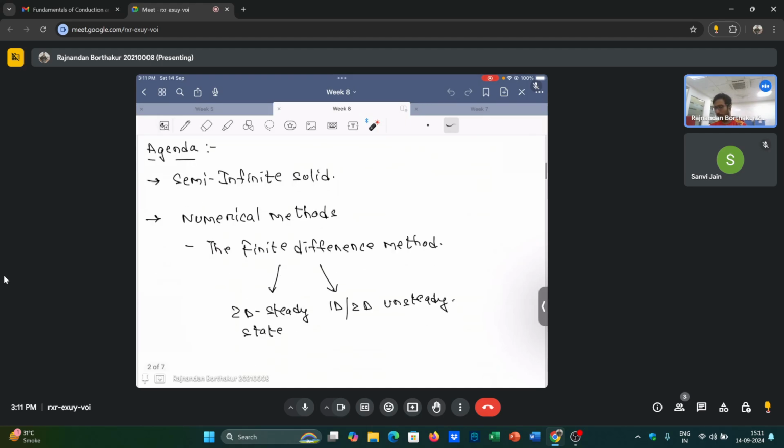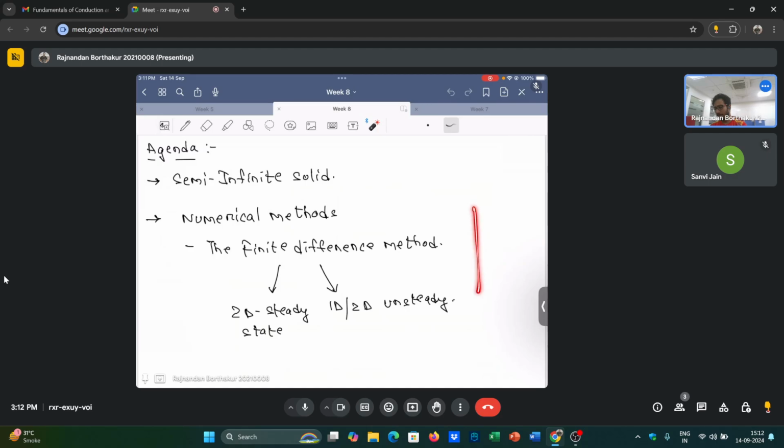And then we will proceed to the topic of this week's discussion, which is the numerical methods. We will see what these numerical methods actually mean, and that these are indeed helpful tools to sometimes calculate the temperature field in an approximate way.